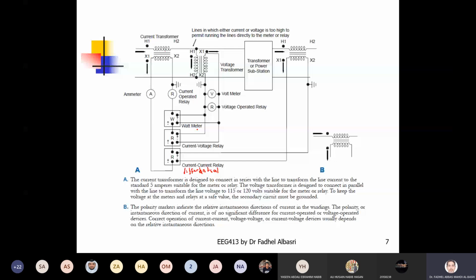And similarly, I can use this voltage in a relay which compares the current from the current transformer with this voltage. This type of relay that requires voltage and current is normally called a directional relay or impedance relay.